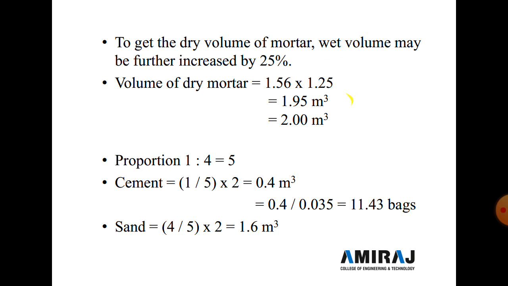So we got the answer 1.95 meter cube as the final answer for finding out the dry volume. So overall we got the final answer as 2 meter cube of the dry mortar.